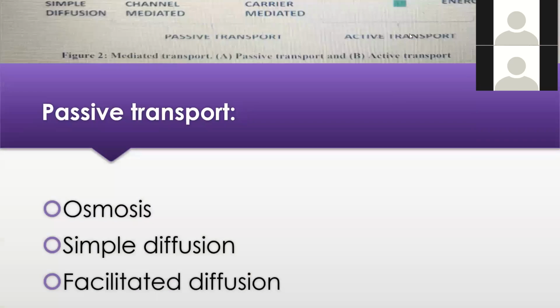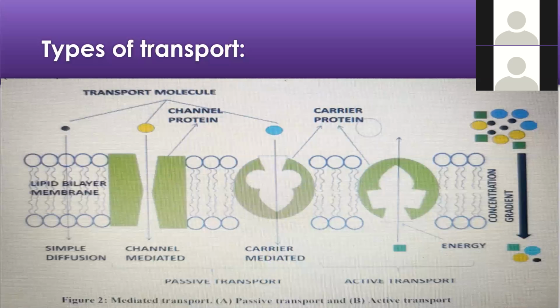Now, how are these molecules transported across the plasma membrane? Some can simply diffuse through the lipid bilayer, which is called simple diffusion. Others need channel-mediated or carrier-mediated transport.